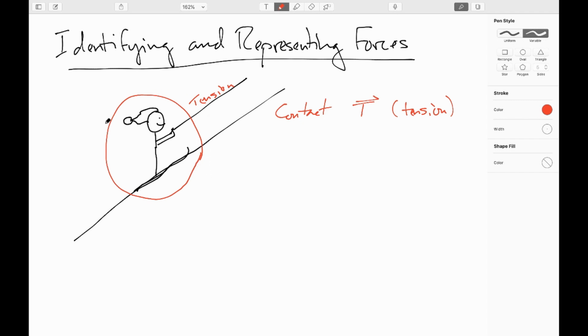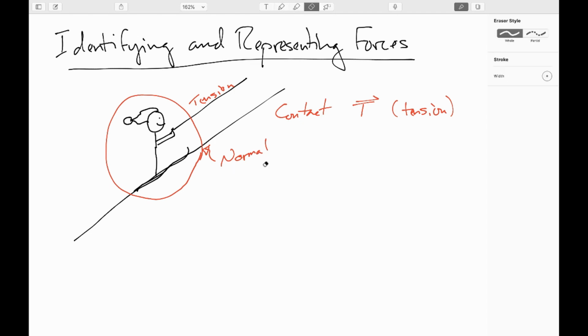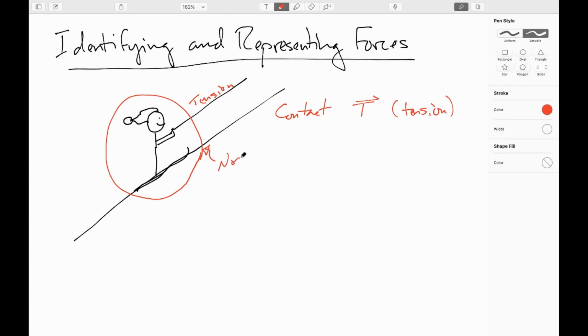Okay, does the circle cut through anywhere else? Yeah, it does. It cuts through the snowpack. And it turns out here we'll have two forces. We'll have the normal force we've already discussed in the previous video, and we will also have friction from the snowpack on the skis, which we're holding off on doing more with friction for a bit, but it's still there.